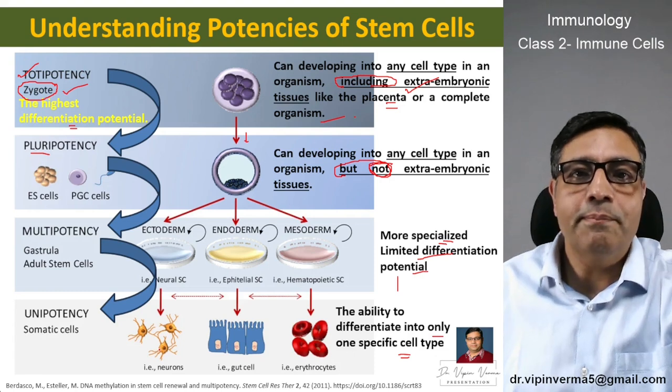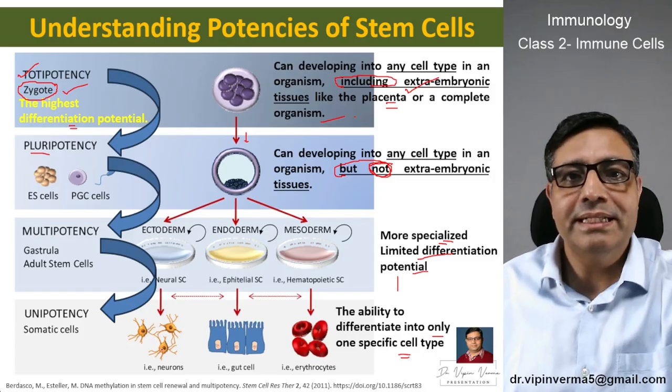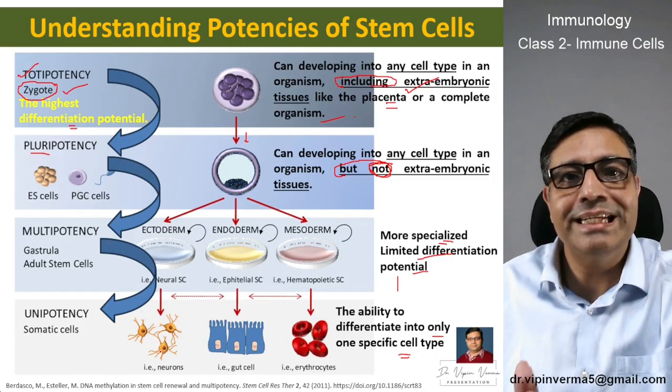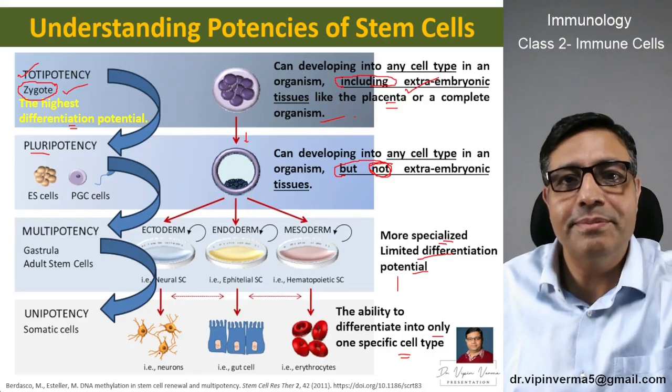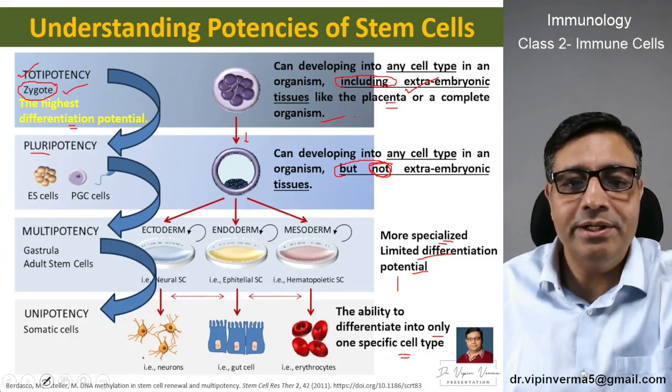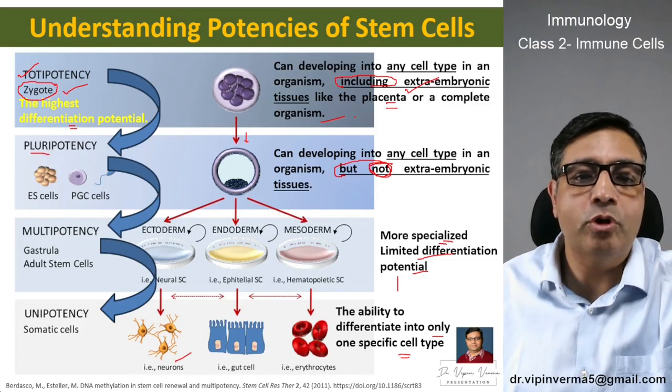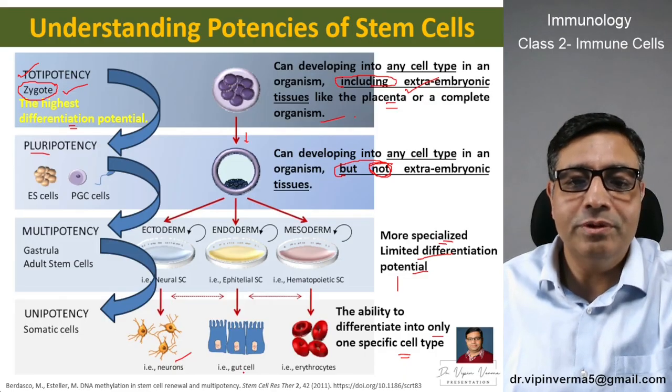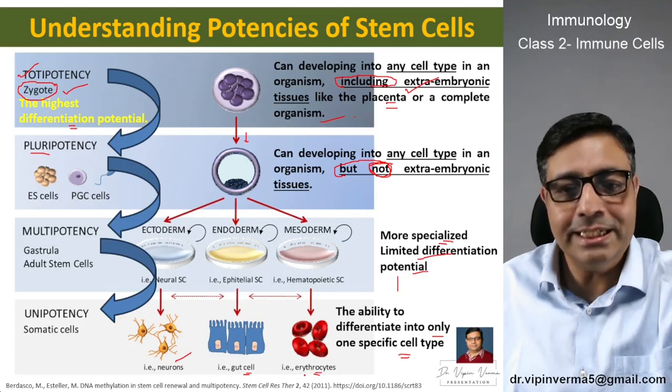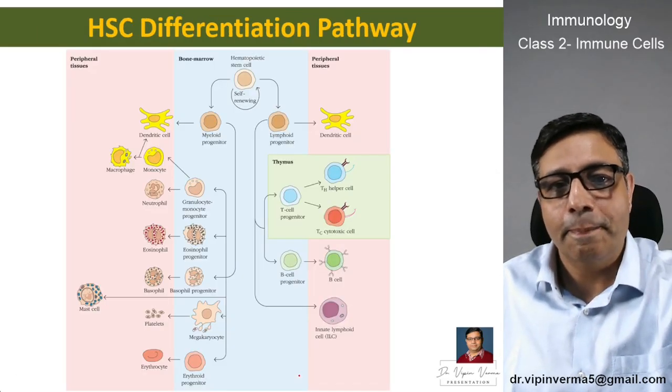Okay, remember, the precursor of the terminally differentiated cell is a unipotent cell because it gives rise to only one single kind of cell, and that is the terminally differentiated cell. So here you can see the neural stem cell is giving rise to the neurons, although through a series of intermediate progenitors. And here you can see the gut cell, which is a terminally differentiated cell, and the RBCs are also terminally differentiated cells.